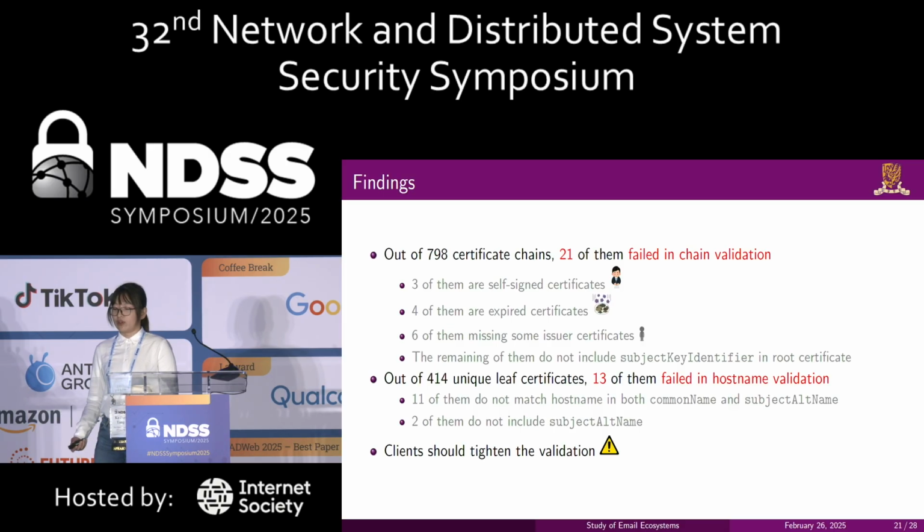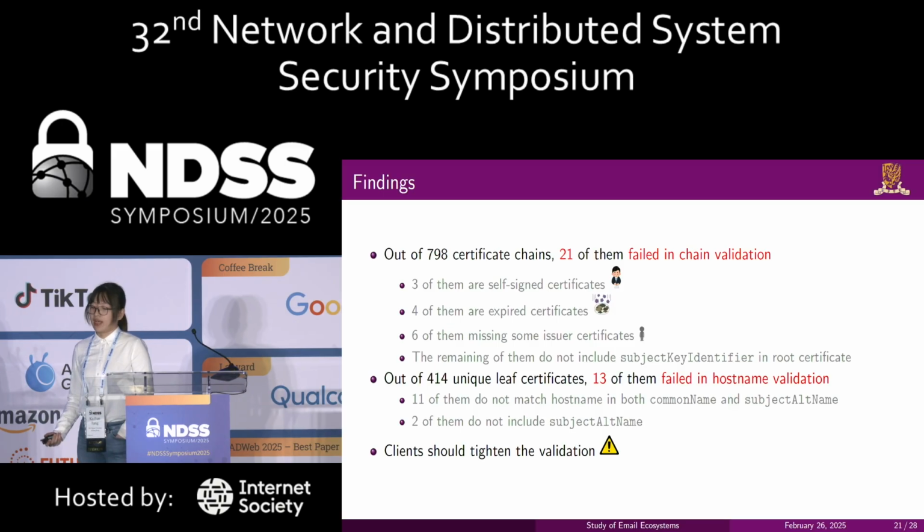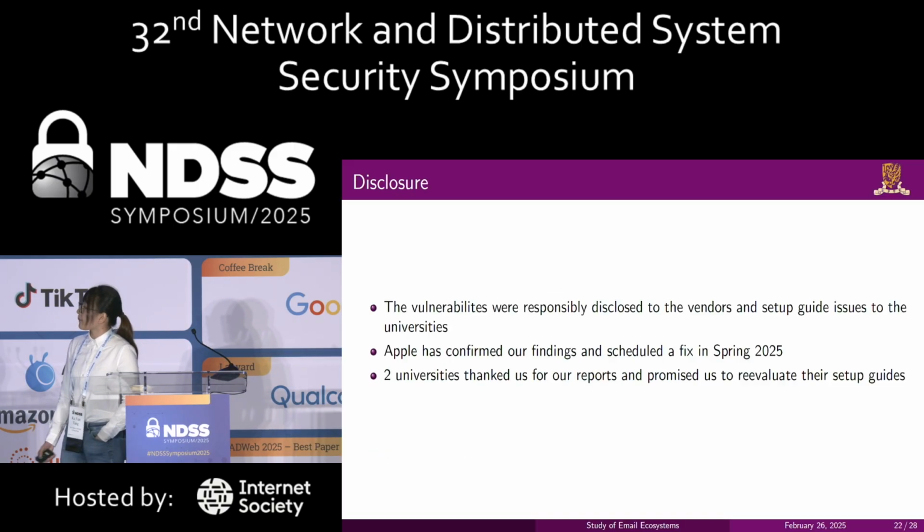And even for the leaf certificates, only 13 of them failed to validate the host name here. So we can see that on the server side, the servers are actually doing quite well in terms of their configuration, and the emphasis should be on how clients should tighten their validation when verifying the certificate chain.